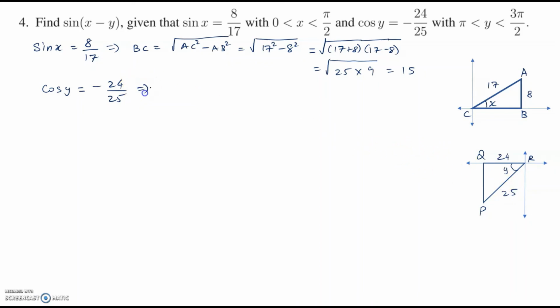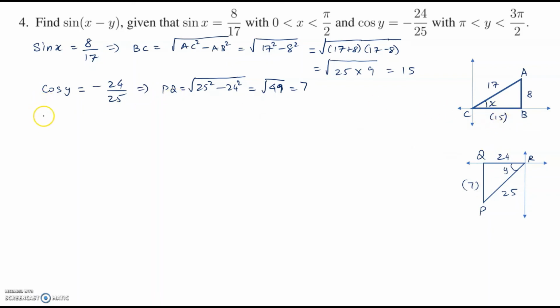So from here, our PQ is equal to root of 25 squared minus 24 squared, which is equal to root of 49, which will be 7. So our PQ here is 7, and we found our BC to be 15.